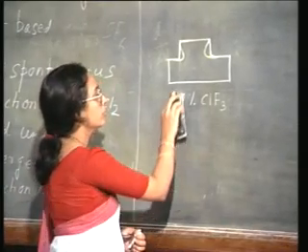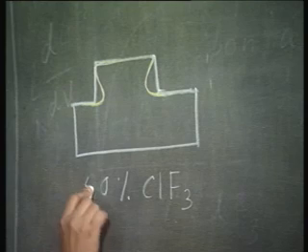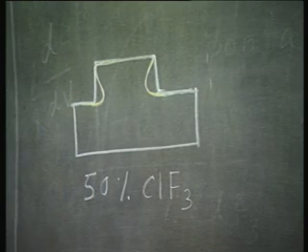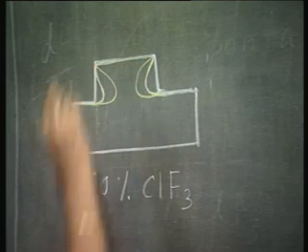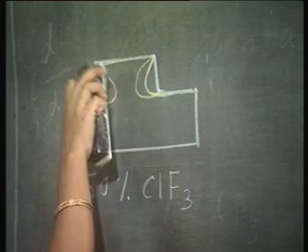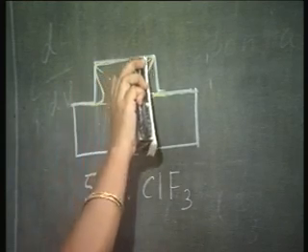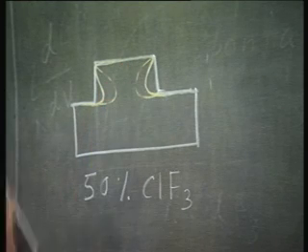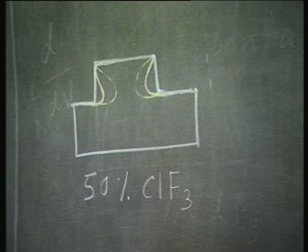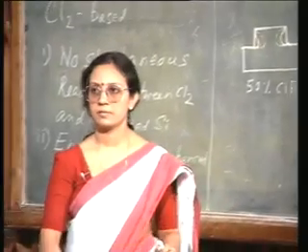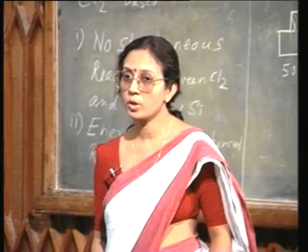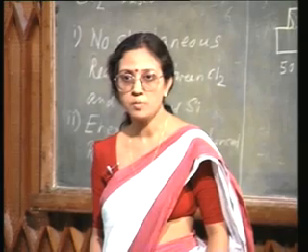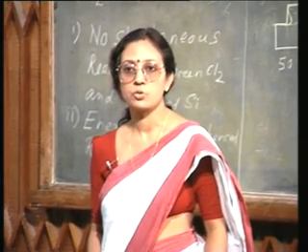If I go to even higher, say 50%, so as I increase ClF3 percentage, I am going to have more and more severe undercut problem because the etching is going to be isotropic.